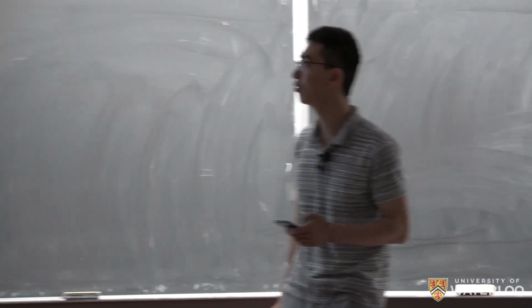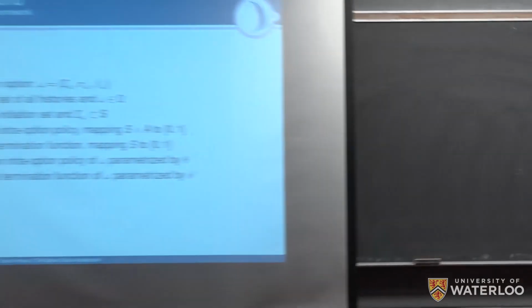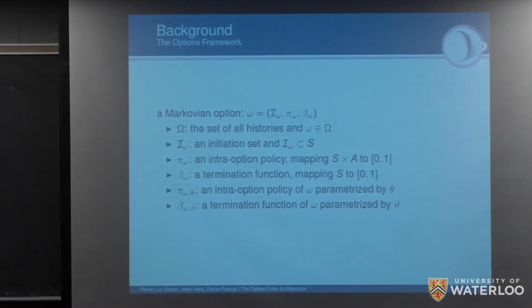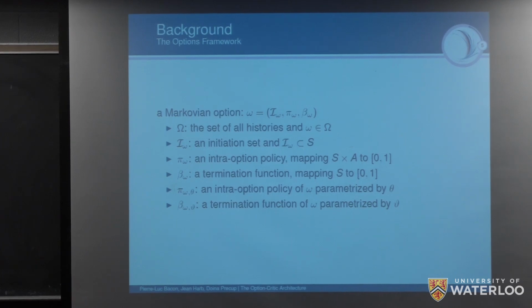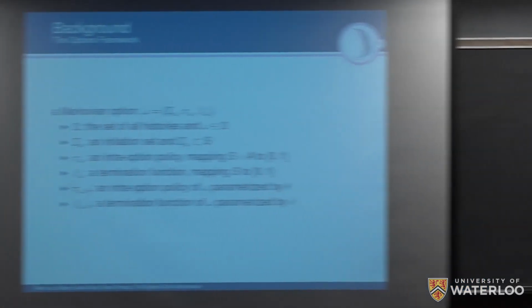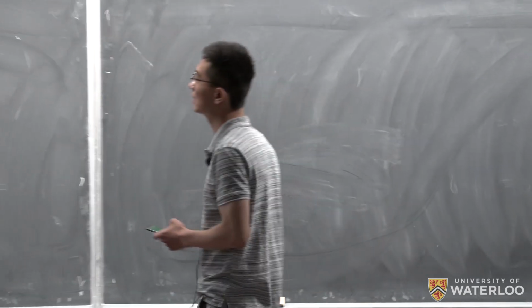In the option framework, we have some options, and each option can be defined as omega, which is made up of 3 components: I omega, pi omega, and beta omega. I omega is the initiation set, pi omega is the intra-option policy, and beta omega is a termination function.